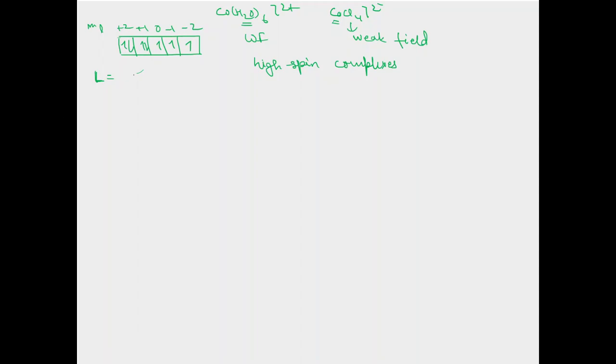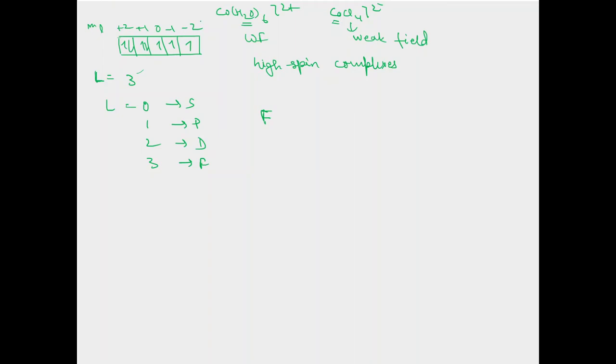Orbital number 3, right? So if L is 0, it's S. If it's 1, it's P. If it's 2, it's D. And if it's 3, it's F. So for this d7 system, it will have F.